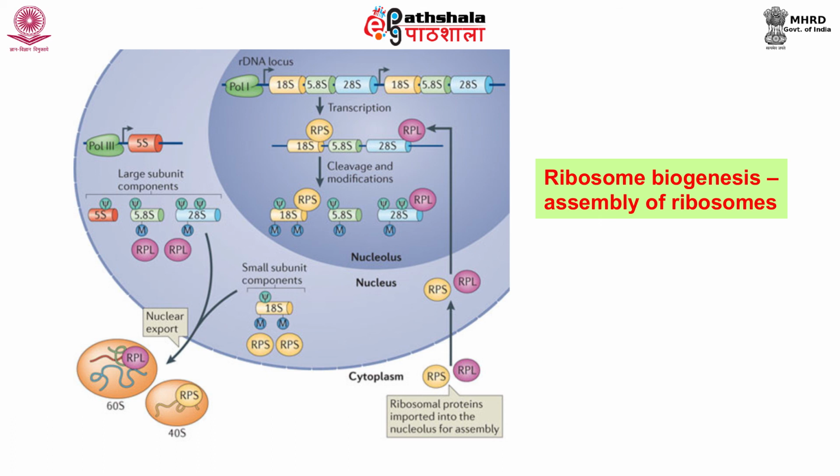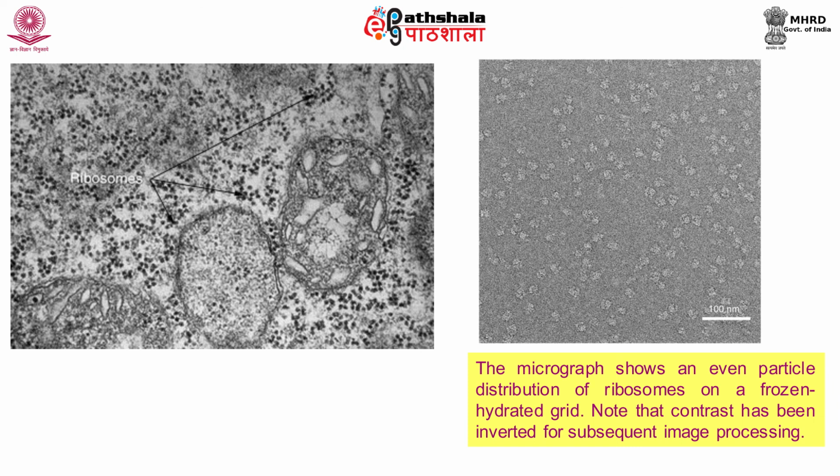These pre-ribosomal particles are exported to the cytoplasm, and then final stages of ribosome maturation take place to form active ribosome subunits. The figure shows the final appearance of fully mature ribosomes in the cytoplasm. Usually, they are distributed throughout the cell.